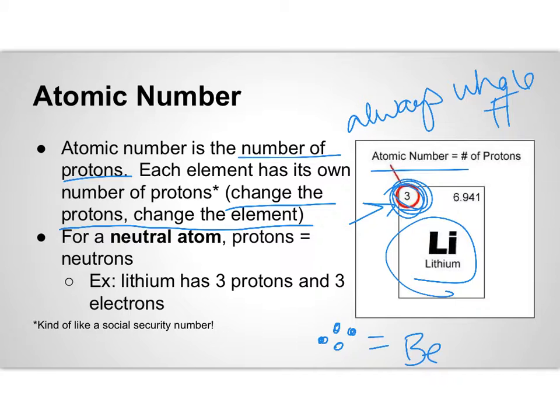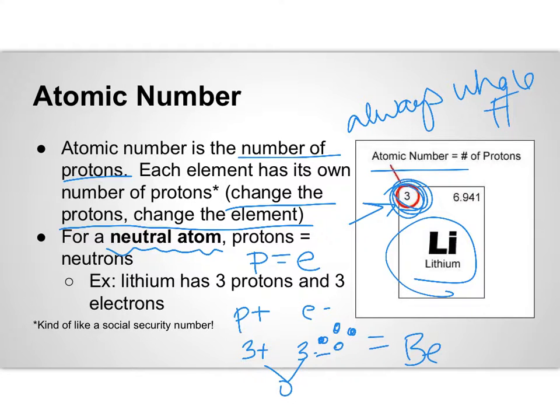In addition to that, if we have something called a neutral atom, where we have protons equaling electrons, if we remember protons are positive, electrons are negative, if we have the same exact number, let's say 3 protons and 3 electrons, that balances out to equal 0, what we call a neutral atom, okay?